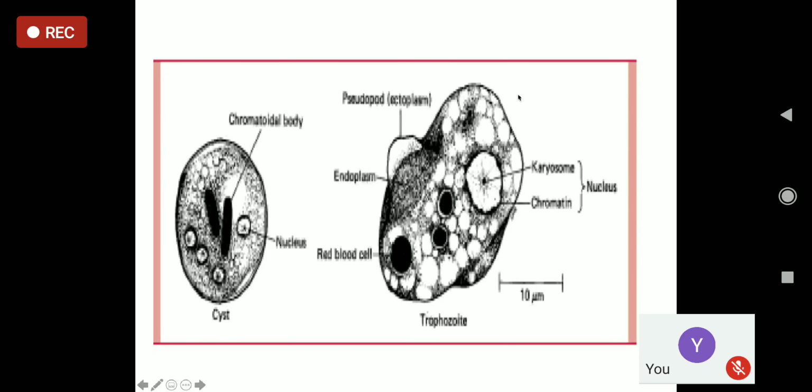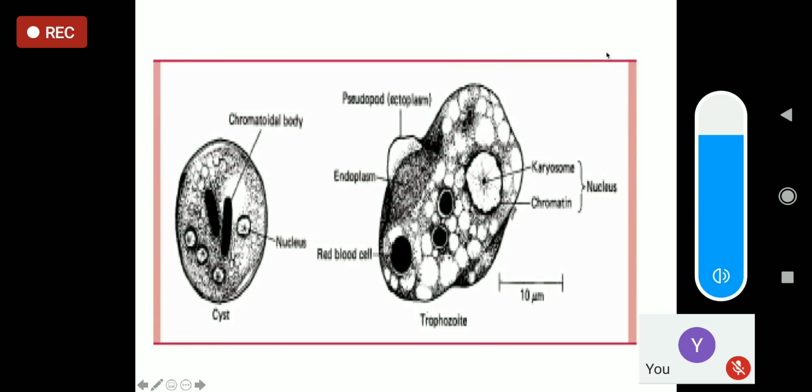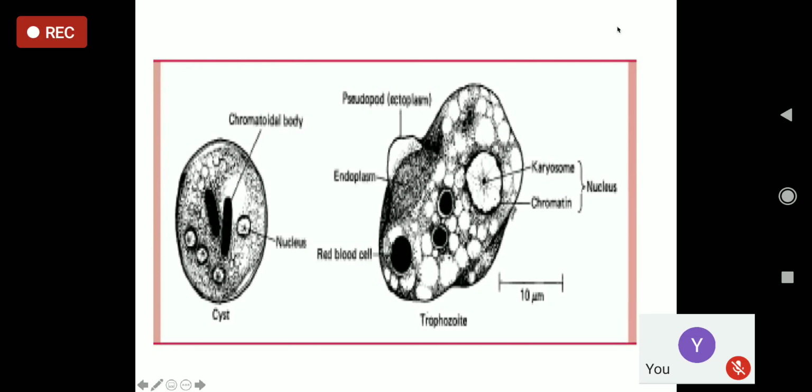So we can say these trophozoites do not have a constant shape, but the size is around 20 to 30 or around 35 micrometer in diameter. They are actively motile by means of this false leg-like structure called pseudopodia. They have the outer clear fluid called ectoplasm, and the movement of that fluid determines the formation of pseudopod-like structures and their movement.